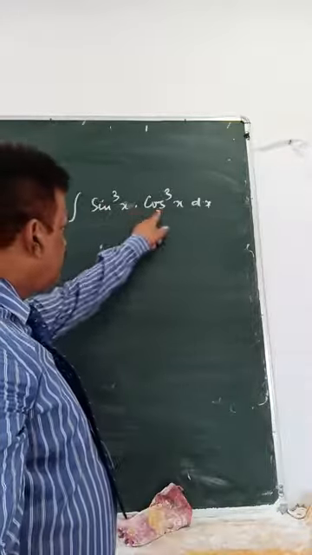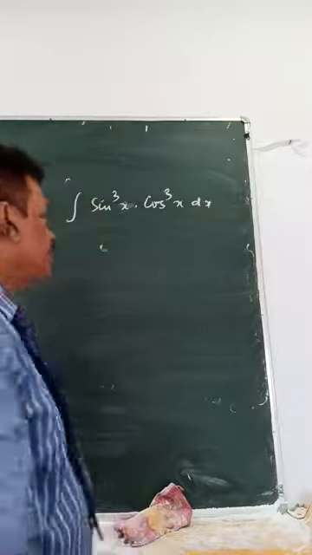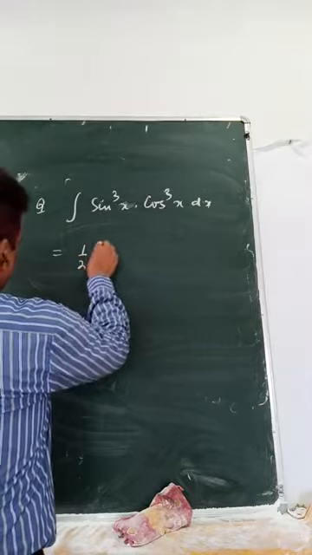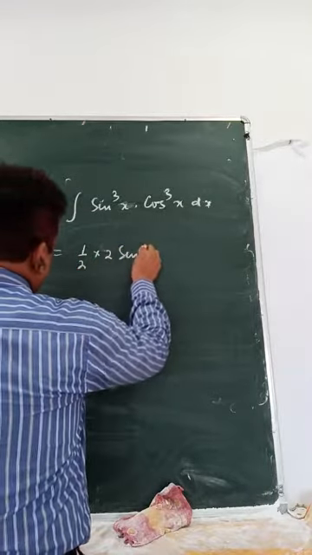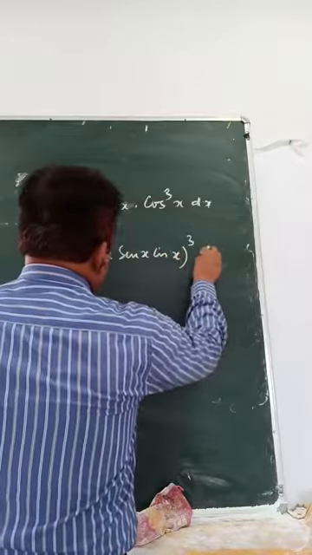First you have to combine to make it a single function. So how to make a single function? Now can I write half into 2 sin x cos x whole cube dx.